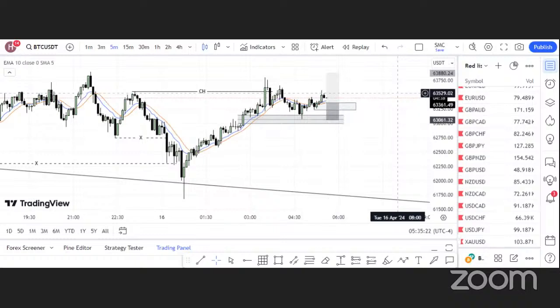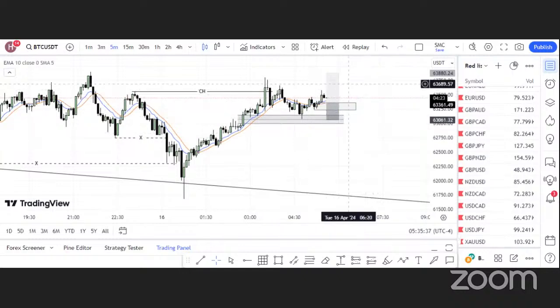Okay. All right. So we have less than 5 minutes to the end of this current candle. Guys, there's no rushing. Let's just stay with this market. I don't want us to take our eyes off it and then we lose this opportunity. So let's just stay with the market.